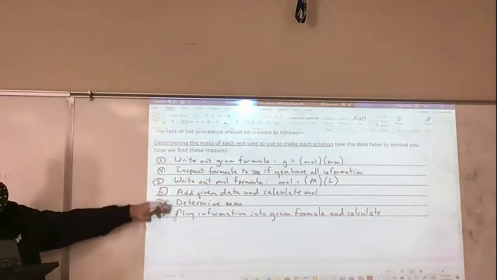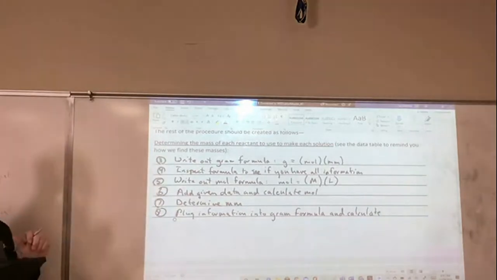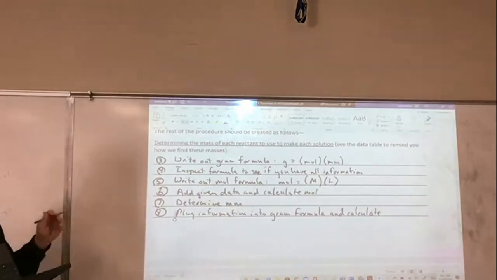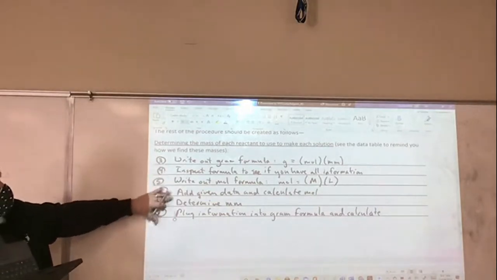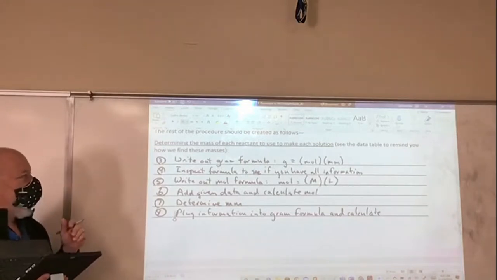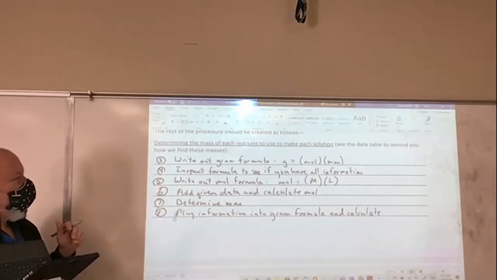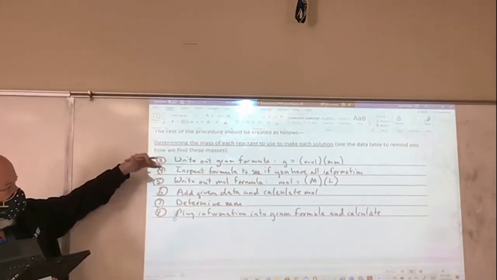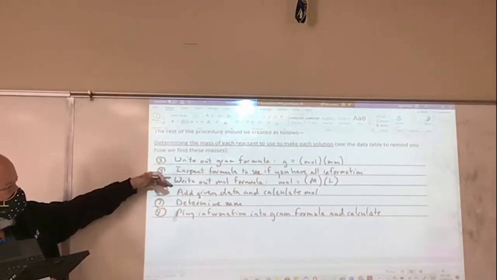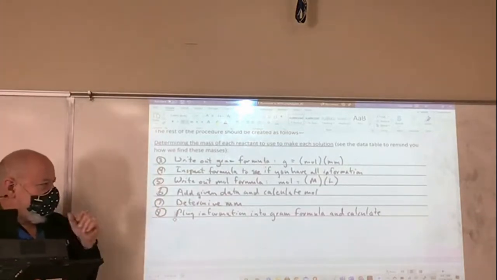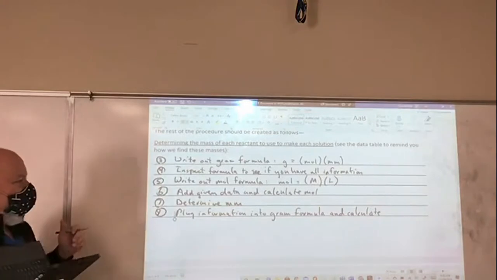But again, unless we get into the habit of listing out all these steps, we're going to forget stuff, and we will not correctly accomplish what we need to accomplish. Write out the gram formula, inspect it to see if you have all the information, write out the mole formula, add given data and calculate moles, determine molar mass, plug information into gram formula and calculate.